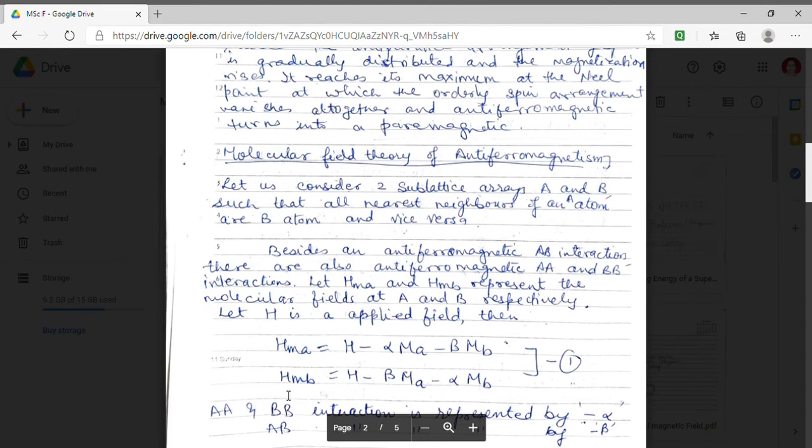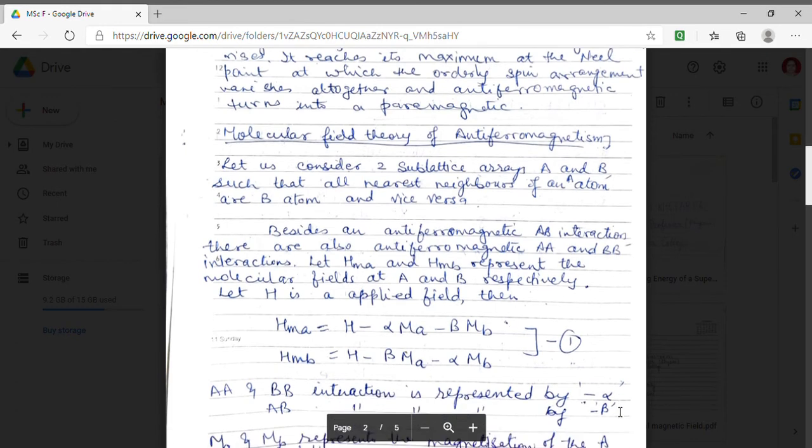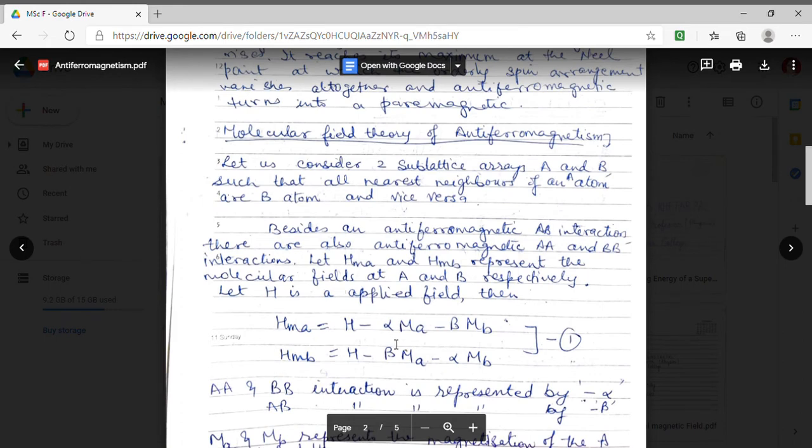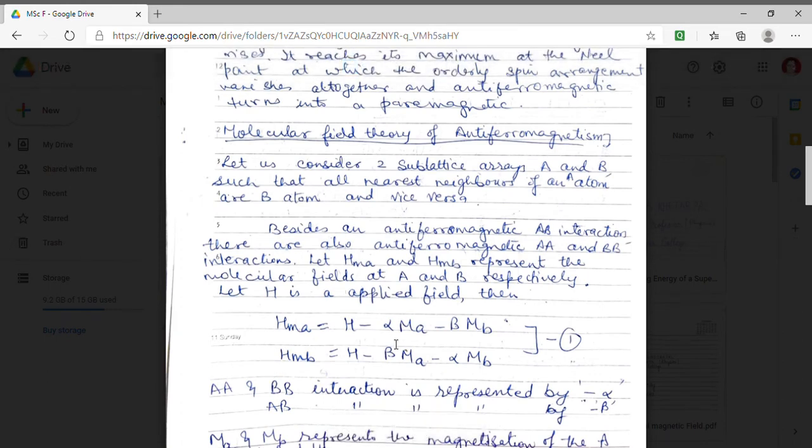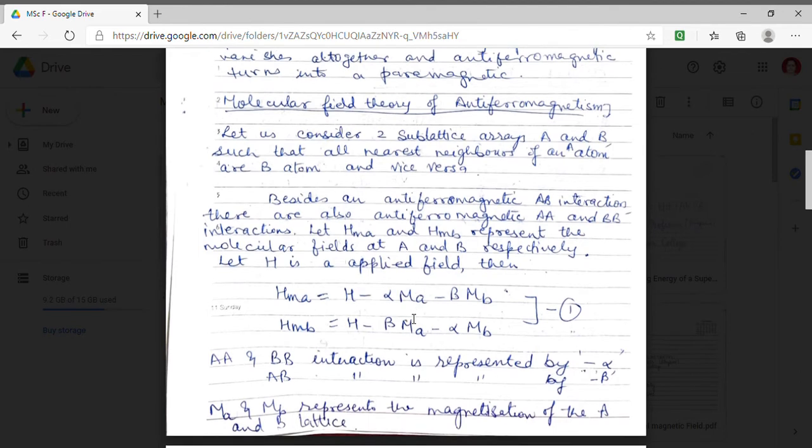So HMA is H minus alpha Ma minus beta Mb, where Ma is the magnetization at A site and Mb is the magnetization at B site.